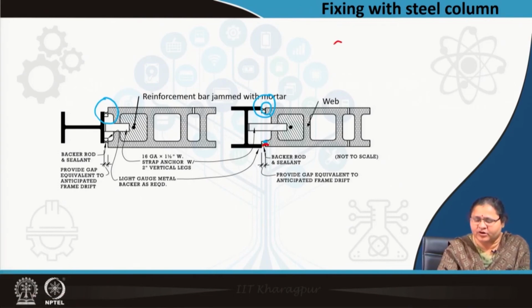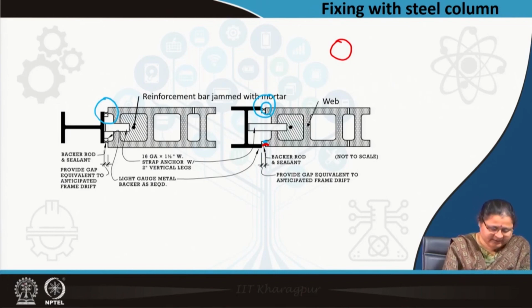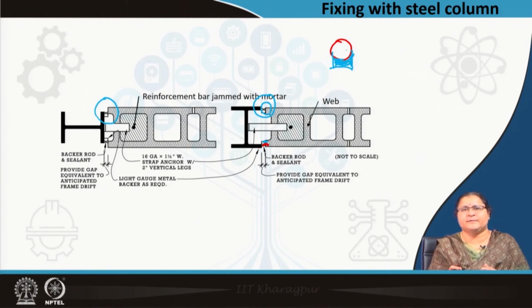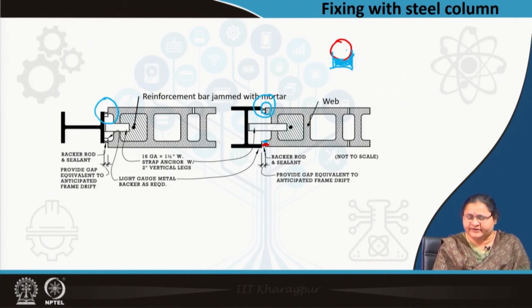The backer rod is a flexible pipe, and the sealant, which actually seals it, will come like this. So, the sealant cannot enter inside completely. This backer rod is giving the flexibility for the frame drift.